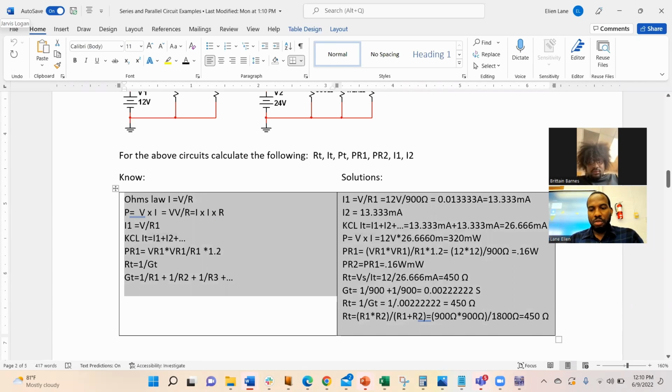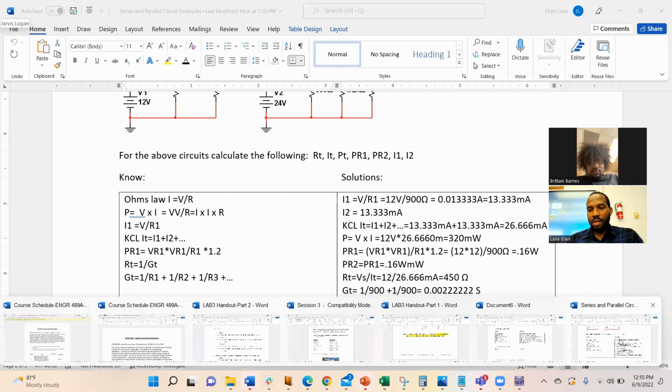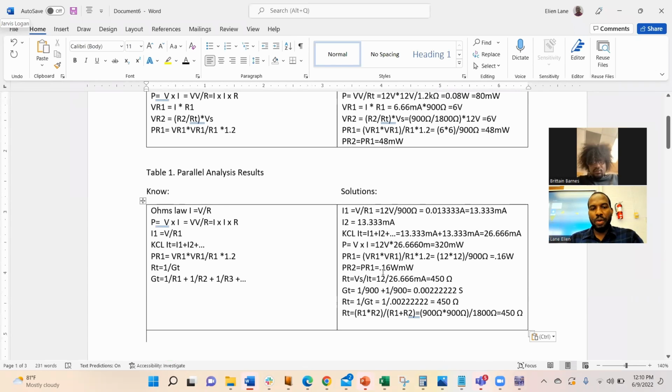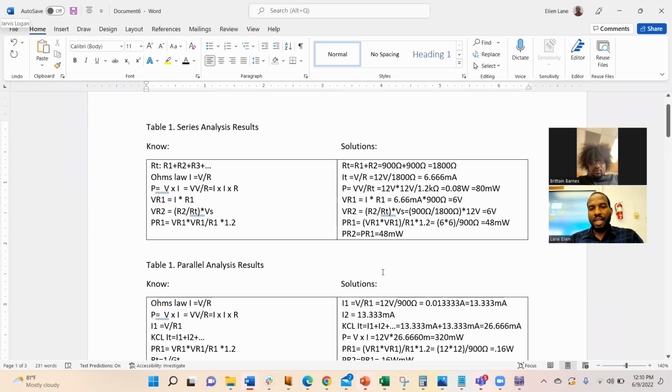And of course, it has to be modified. All the values have to be substituted so that I can know that this is correct for the particular circuit that we are working with, right? For example, we don't know what is given here. R1 is not 900, right? So you need to say what R1 is.